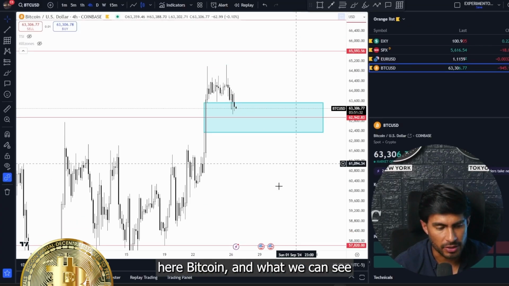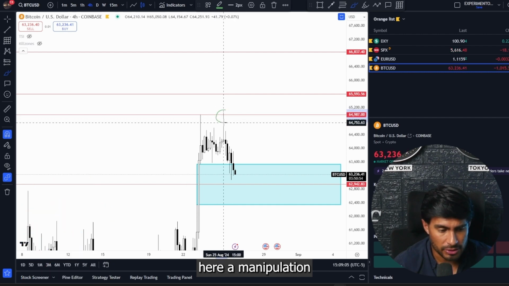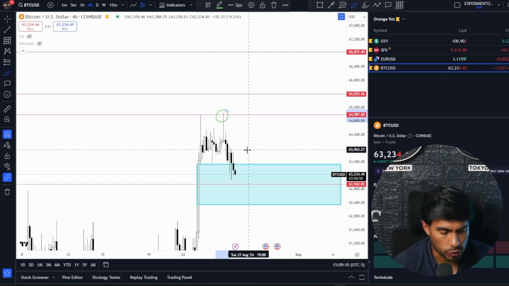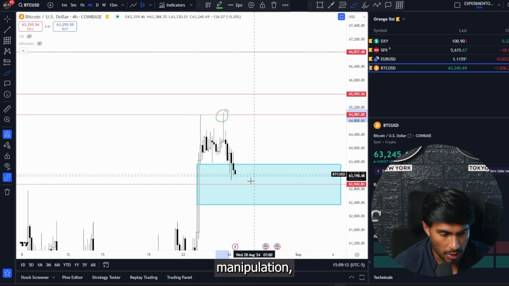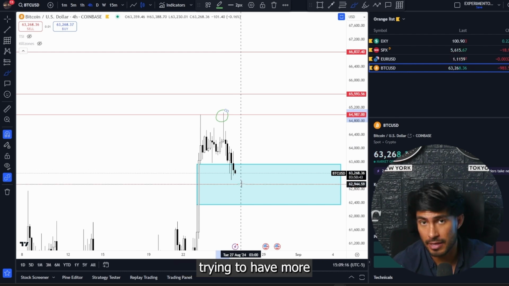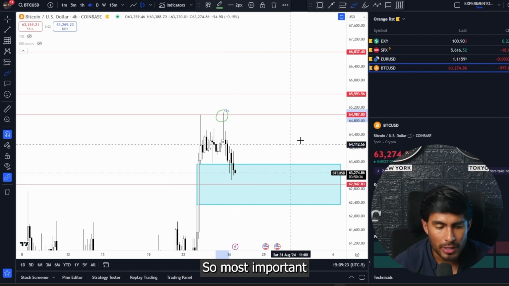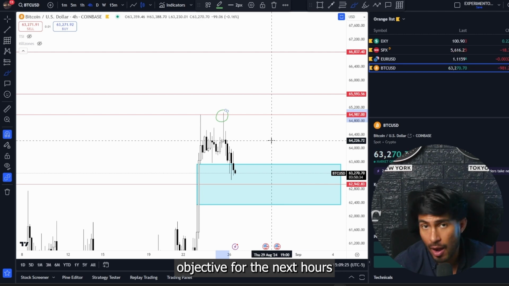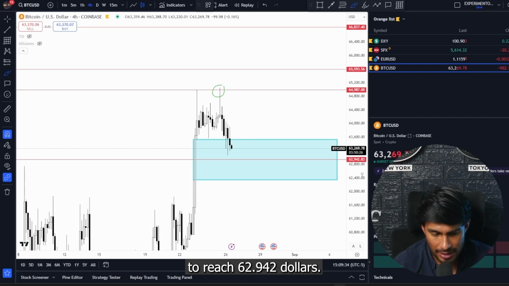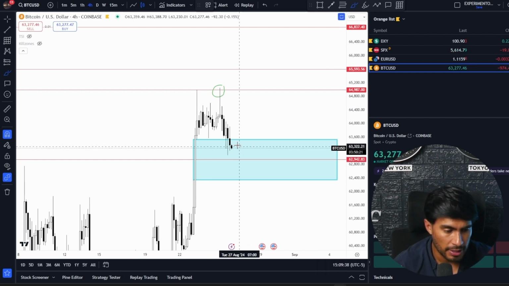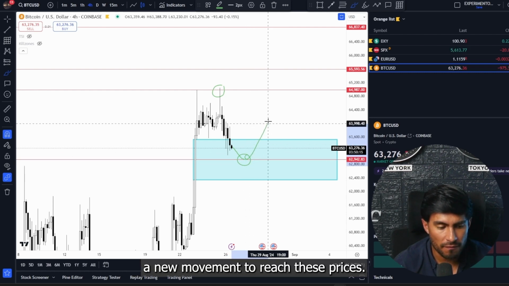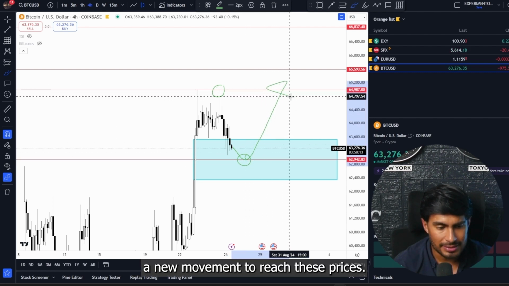Finally, we have here Bitcoin, and well, we can see here a manipulation of this price of this high, which were located in this zone. So after this manipulation, we could see that the price is trying to have more liquidity, to have some gas. So most important objective for the next hours, maybe of the next days, should be to reach $62,942, so we can have enough gas to try to make a new movement to reach these prices.